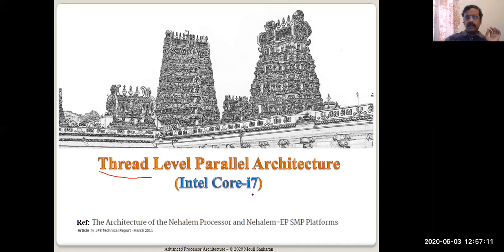My intent is not to go into detail about everything here. I want to give you the confidence that you can now open a latest architectural specification document or any article on that and read through it. You have enough knowledge to read through it and it will make sense to you.